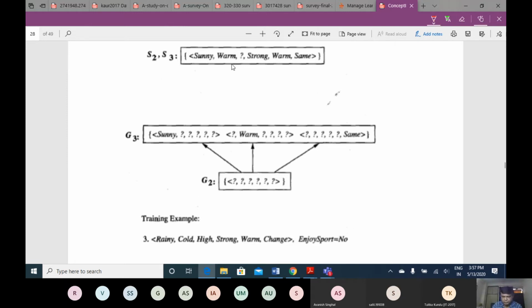Okay, but this particular case is not including this one. This is not the same: rainy, sunny, cold, warm, strong, strong, warm, warm, same, change. This is not included by this one, since if any one of the fields is different, then it means it is not covered. Okay, because it is very specific.